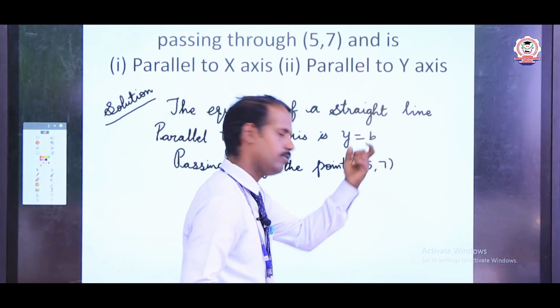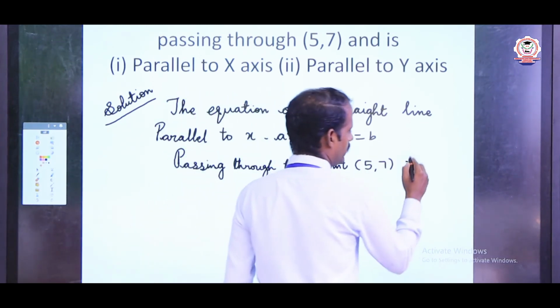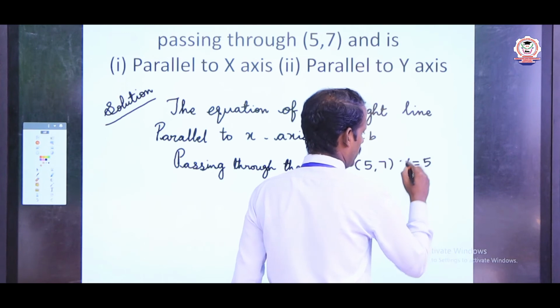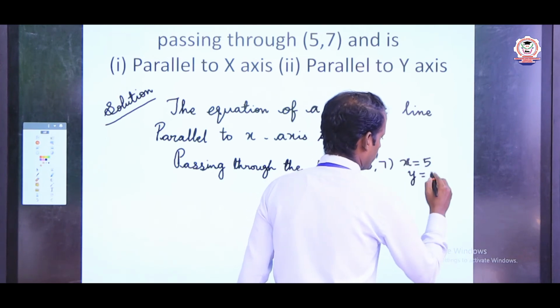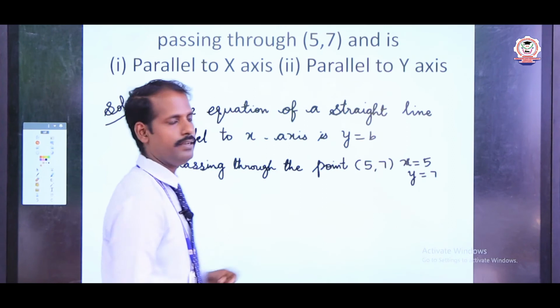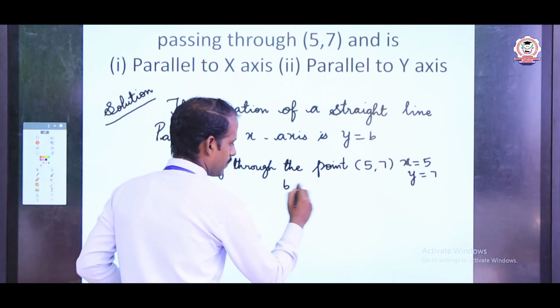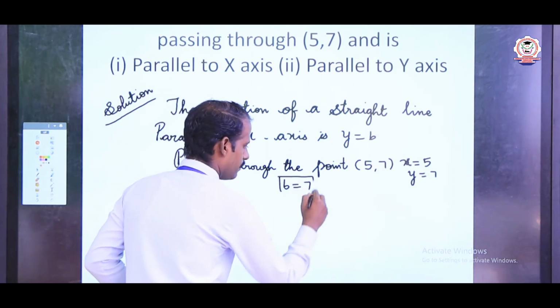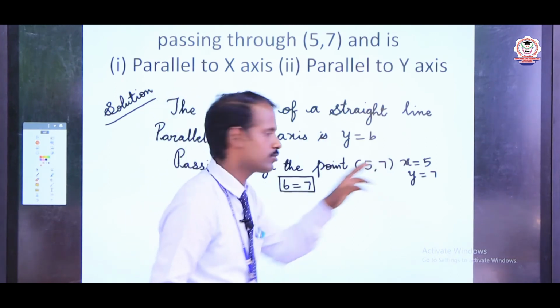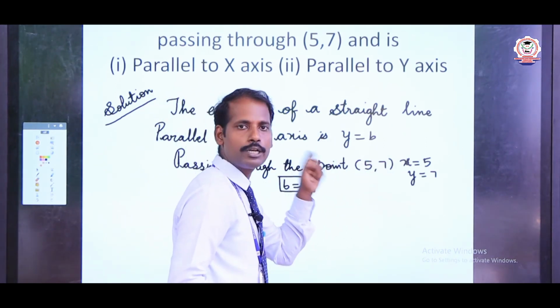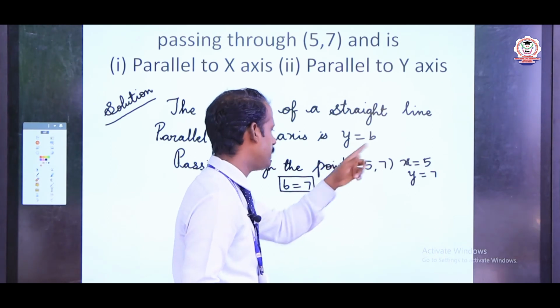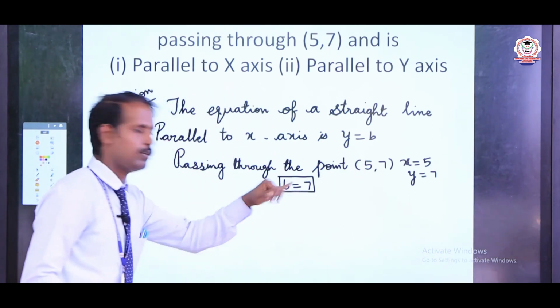The x value is 5, the y value is 7. So here apply the values x equal to 5 and y equal to 7. So here the y value is 7, so we get b equal to 7. Substitute the value, remove y and substitute 7. So b equal to 7. You get the b value as 7.